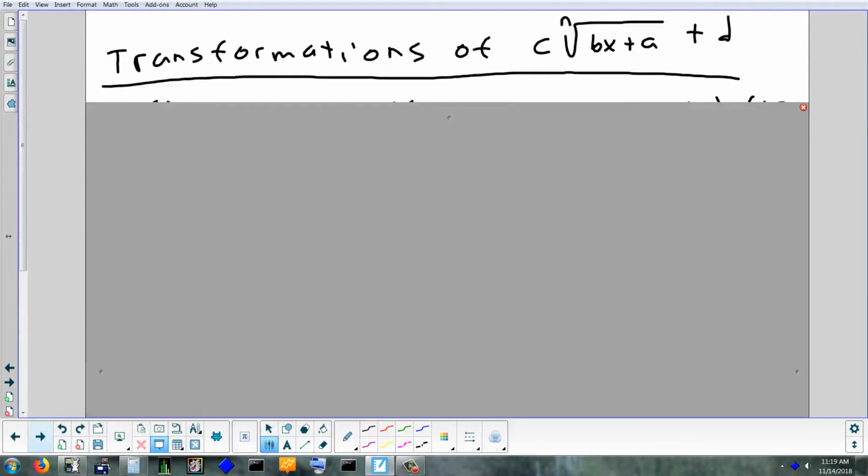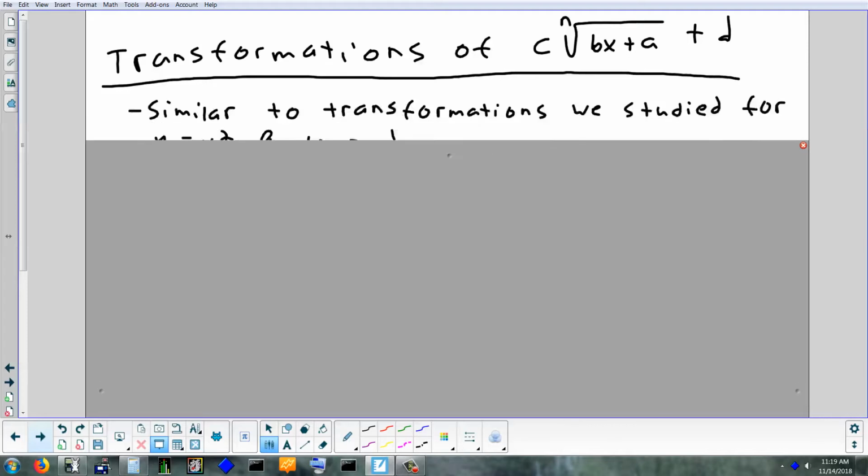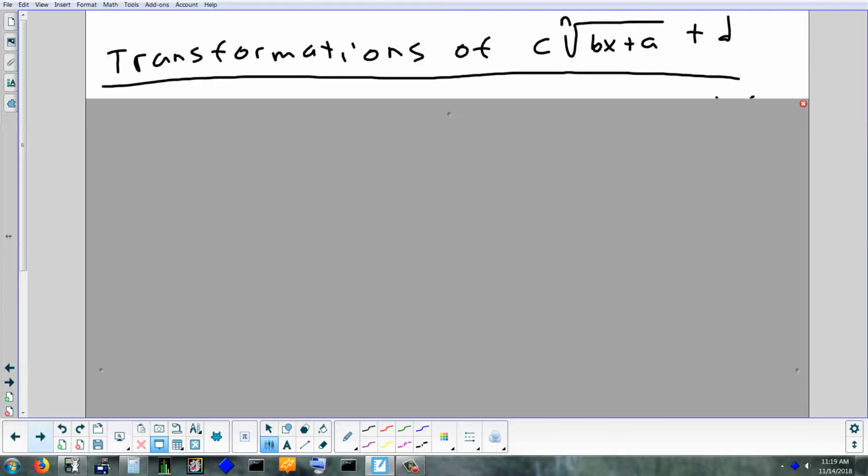So, with each function we study, we're going to look at the transformations. We've already done this with parabolas, rational functions, all the functions. So I'll quickly go through what A, B, and C do. Two of them are shifts, two of them are stretches, two of them are horizontal, two of them are vertical.